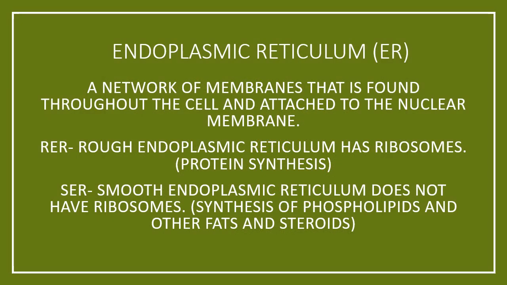Okay, so the endoplasmic reticulum is a network of membranes that's found throughout the cell and attached to the nuclear membrane. The rough ER, or rough endoplasmic reticulum, has ribosomes associated with protein synthesis. The smooth ER does not have ribosomes, and that's associated with the synthesis of phospholipids and other fats and steroids, and also carbohydrates.